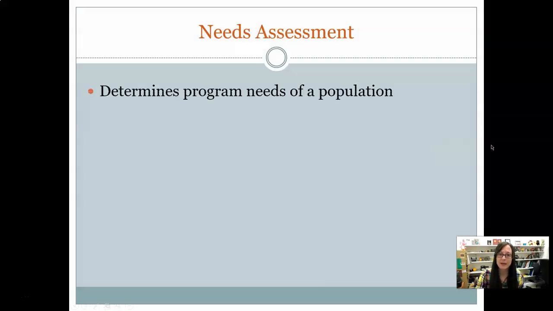A needs assessment basically determines whether the program itself is needed and what the population that we're looking at needs. So if we're looking at something in the community, in a certain neighborhood, what does that neighborhood need? Maybe they have a fairly decent police presence, so we don't need to increase that, but maybe we need to increase community involvement in things, and so that would be what they need.